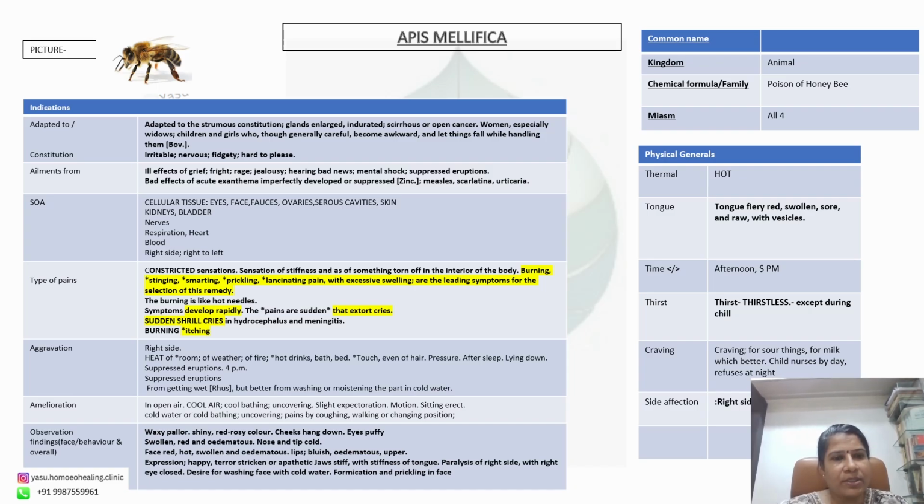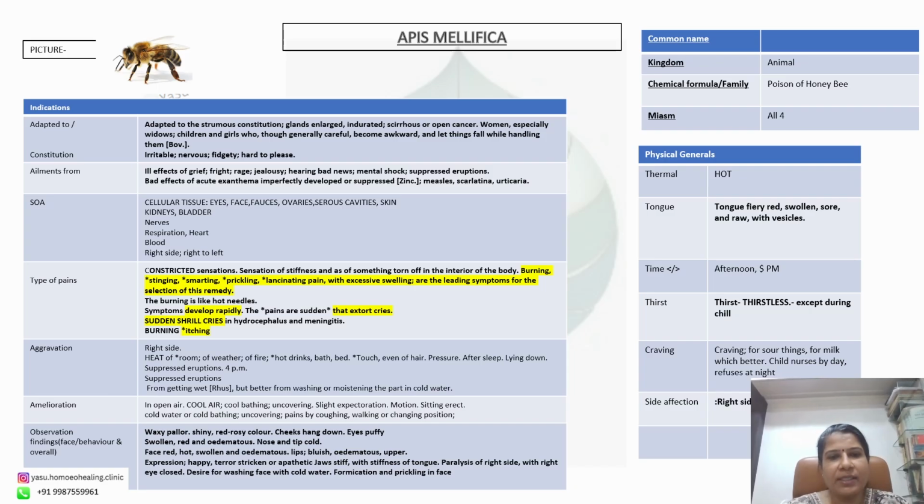Now, aggravation: right-sided, heat of the room, weather or fire, hot drinks, a hot bath, heat of the bed, touch, even of the hair. So heat is aggravation, touch is aggravation, pressure is aggravation, after sleep, lying down, suppressed eruption as we saw, 4 p.m. There is aggravation from getting wet, but better from washing or moistening the part in cold water.